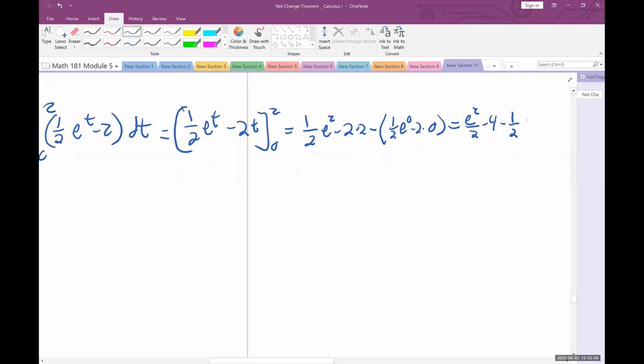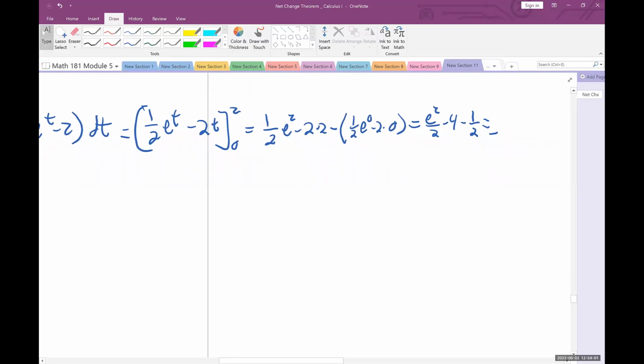I have e squared divided by 2 minus 4 minus 1/2. I get negative 0.8055. Okay, so that's the one for the net displacement. Now let's get the total displacement.